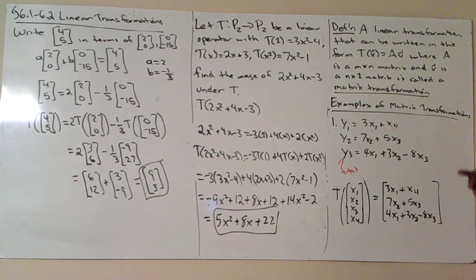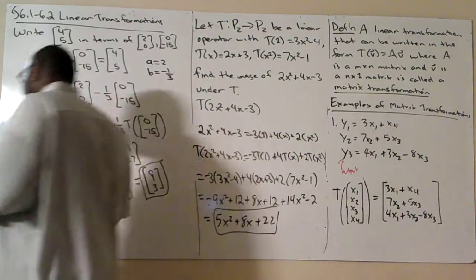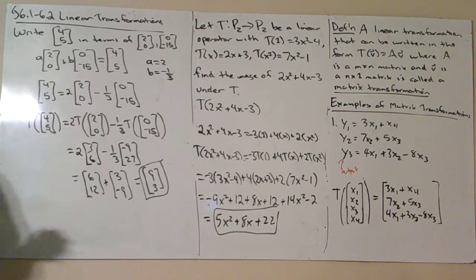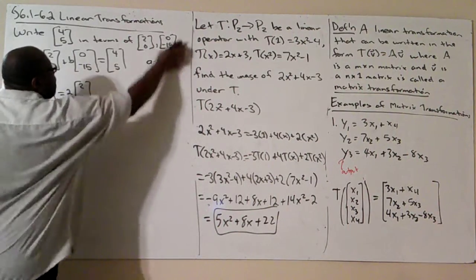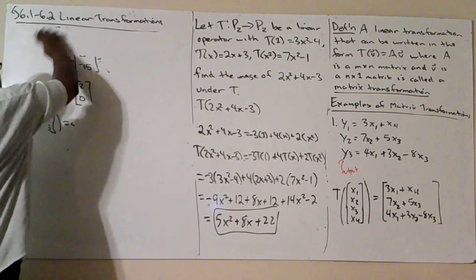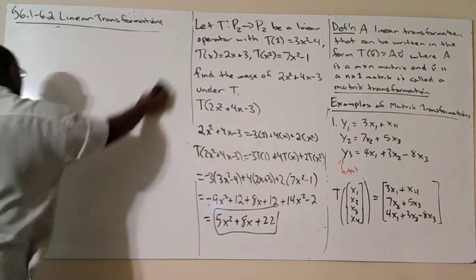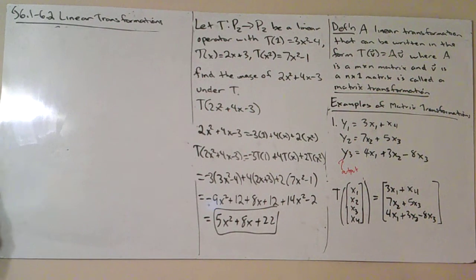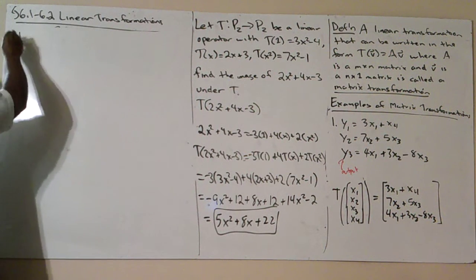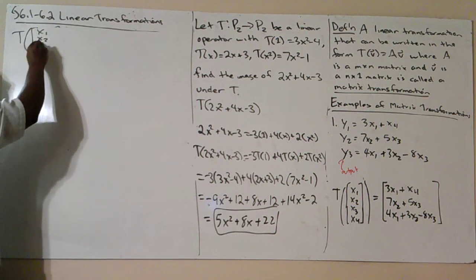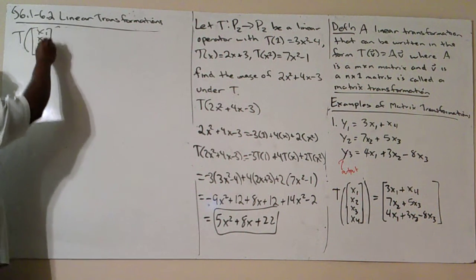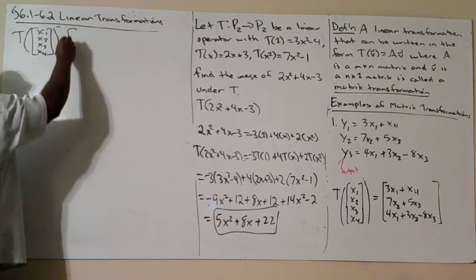Now let's write this in terms of a matrix equation. This becomes T of x1, x2, x3, x4 equals a matrix equation.